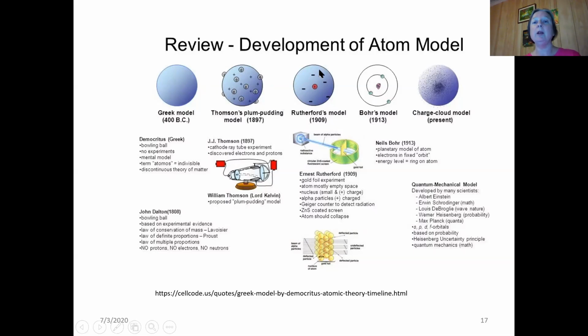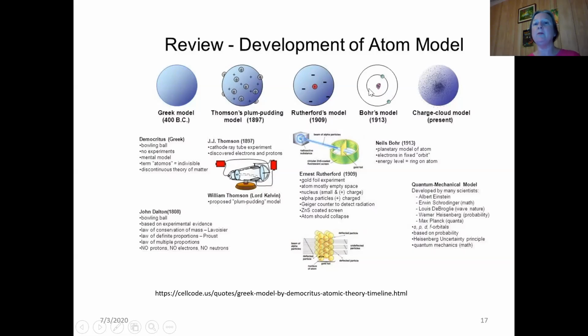Rutherford said, oh wait, the positive is actually concentrated in the middle and the rest is mostly space. So the electrons are just randomly around in the space. They're so tiny, they don't take up much room. But the protons are in a nucleus in the center. And then Bohr in 1913 came up with the planetary model where he said, okay, no, these electrons are not randomly in space.